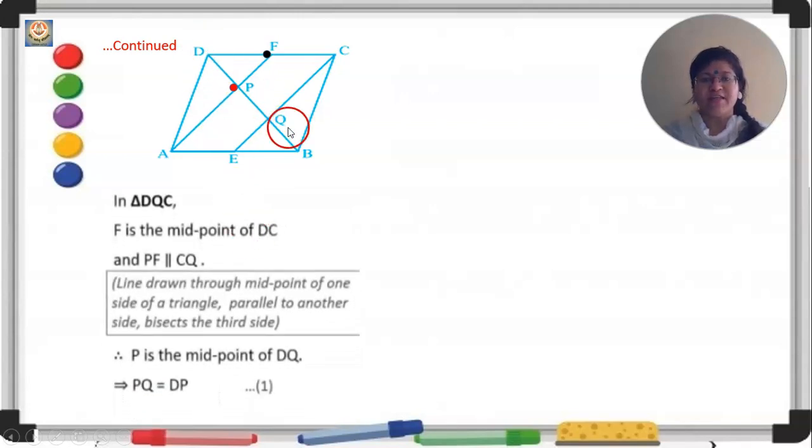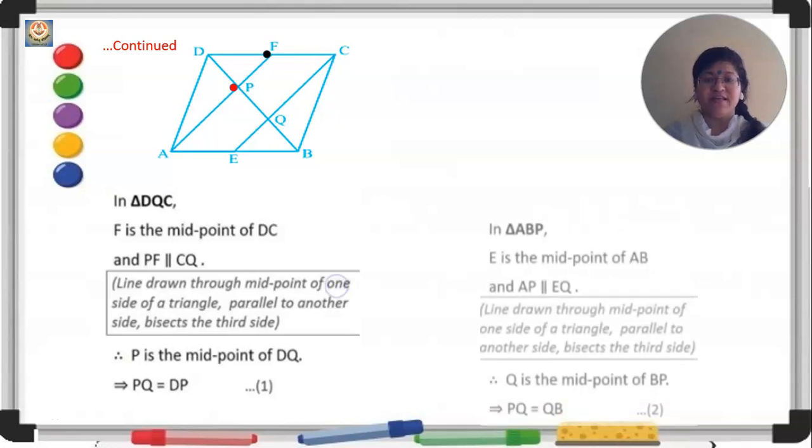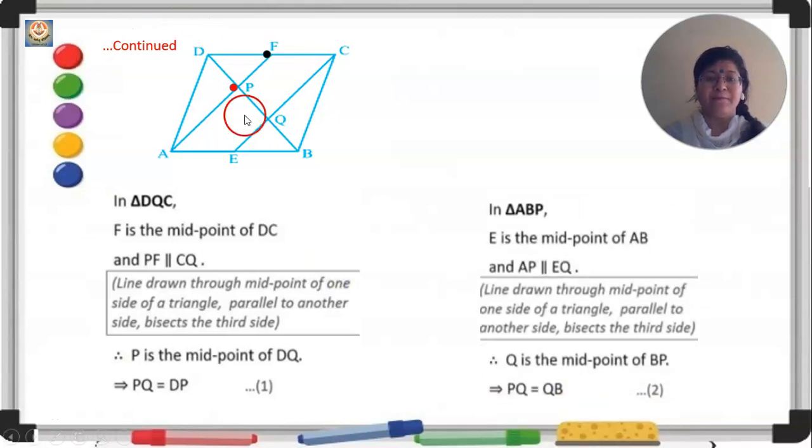Look at the solution. We will take triangle DQC. F is a midpoint of CD is already given. And we have proved PF is parallel to QC. Therefore, P becomes the midpoint of DQ because of the converse of the midpoint theorem. Right? Now, similarly, we will take another triangle, and the other triangle is APB.